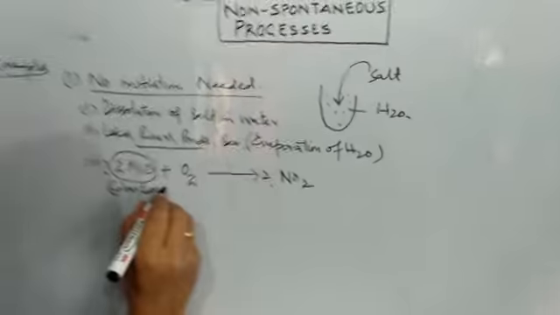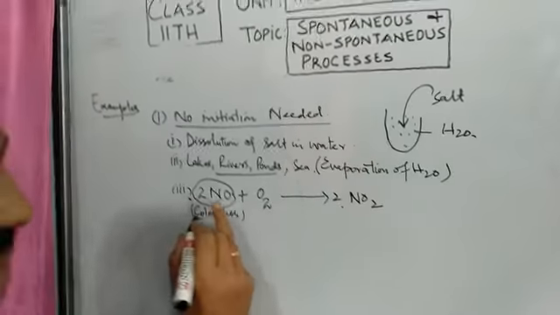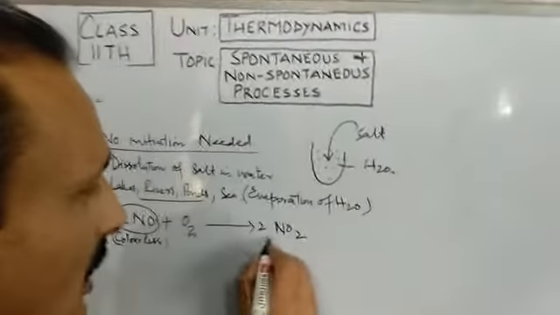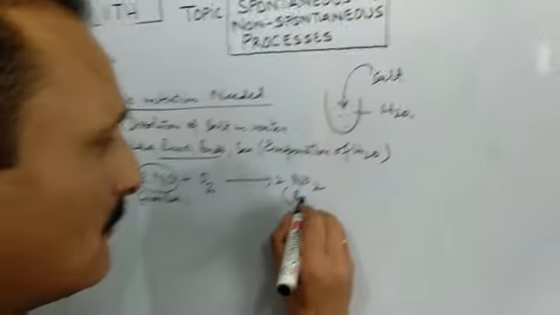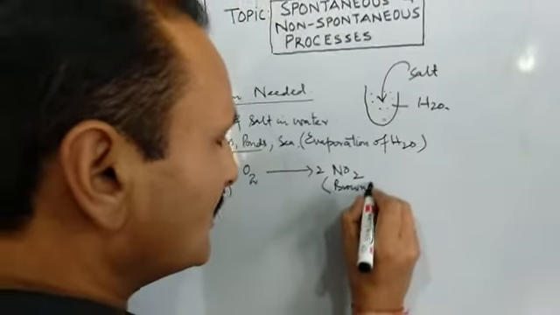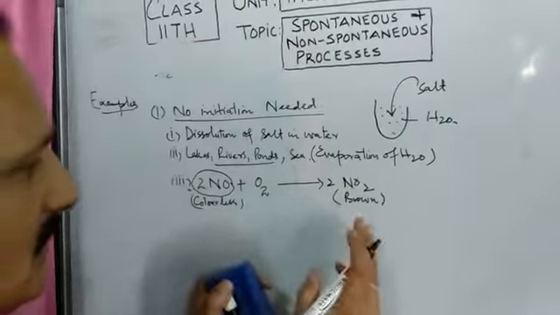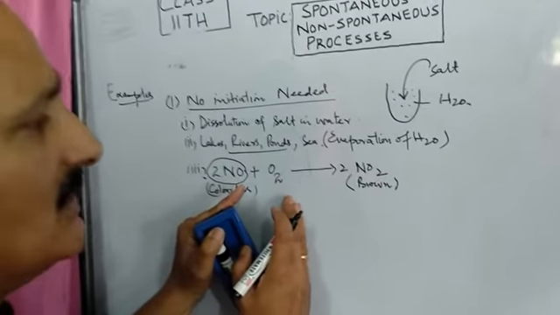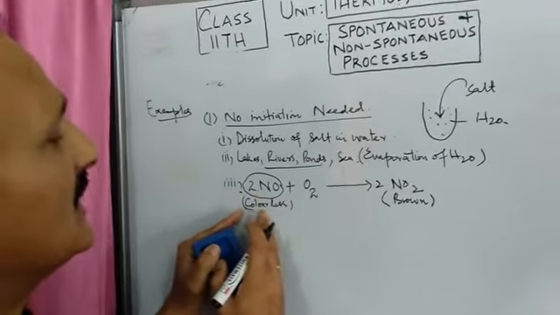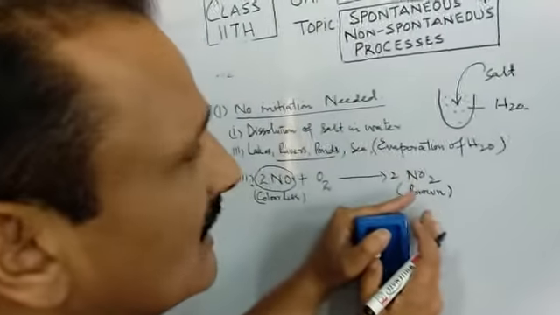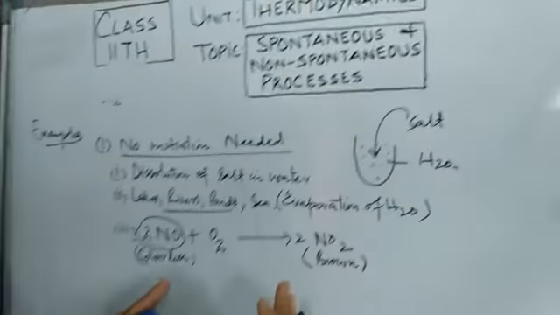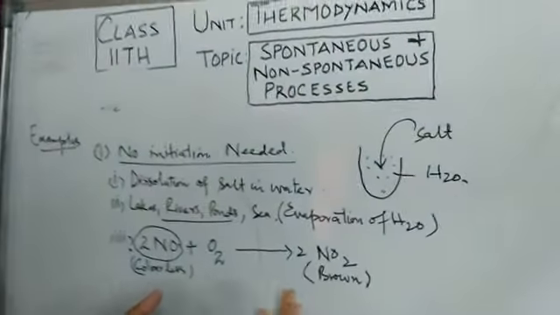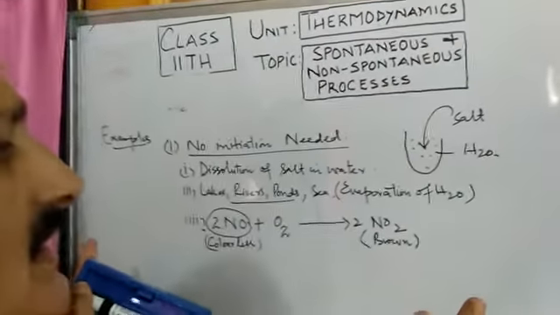But when it combines with oxygen, it undergoes oxidation to form nitrogen dioxide, which is brown in color. So this reaction, where colorless nitric oxide turns into brown nitrogen dioxide, is another example of a spontaneous process where we do not require any initiation.